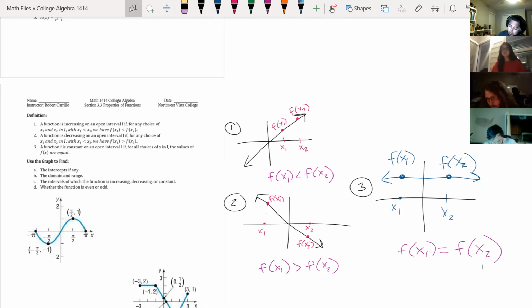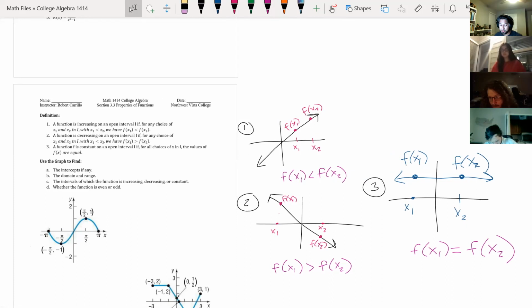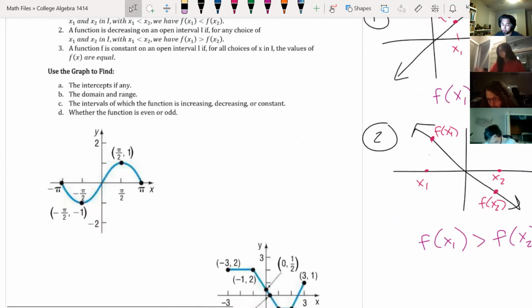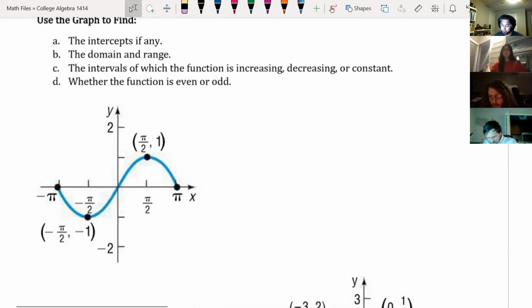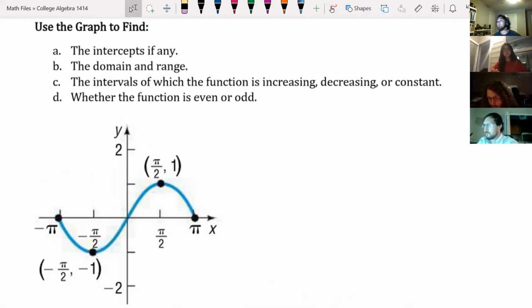So now let's go ahead and apply what we just learned to these graphs below. For this one, use the graph to find intercepts, domain and range, intervals of increase or decrease, and whether it's even or odd. Let's get started.